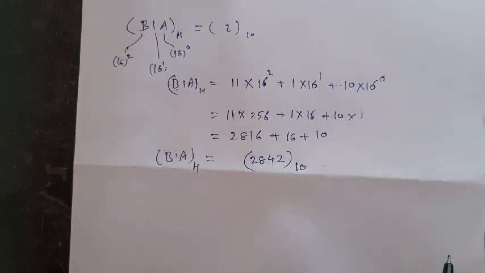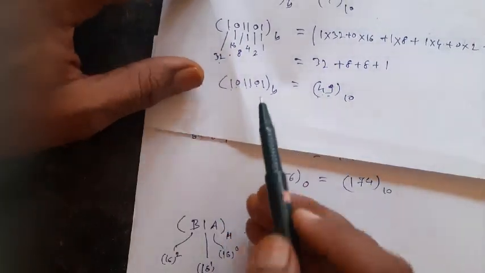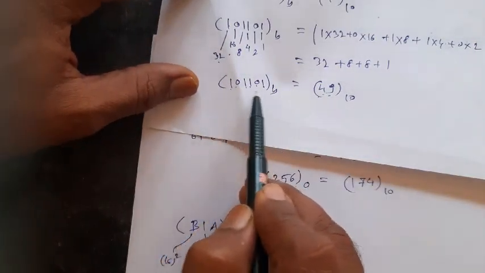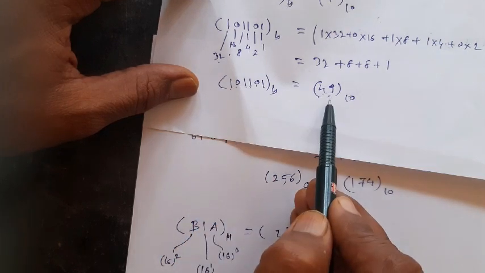Now if I observe the three conversions, the first for the binary number system, the second for the octal number system, and the third for the hexadecimal number system, you will find that in case of binary number system, the length of the binary numbers is more compared to the length of the decimal number, and it is obvious.